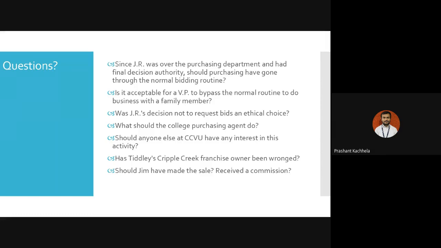This is right. If JR wanted to make ethical procedure, what he should have to do is he should have to invite his son's company as well for the bidding process. Then, if he finds that everybody is there on the fair ground, then he can choose the bid which is attractive and looking at the company's perspective.